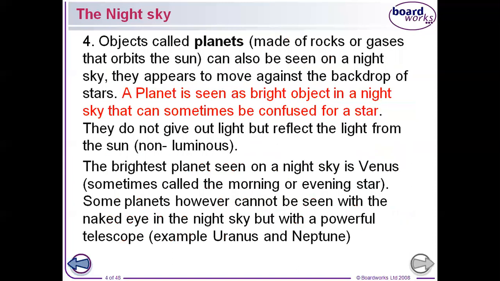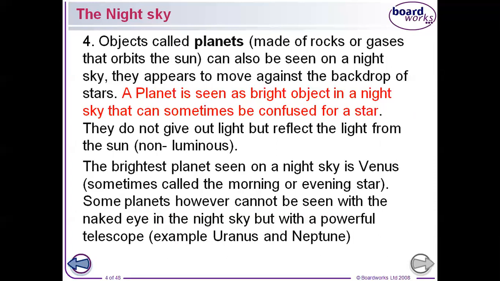Okay. Another object we see in the night sky is a planet. On a very good, bright night, you may be fortunate to see planets that are Venus, Jupiter, Mercury, and so on, that are actually visible in the night sky.